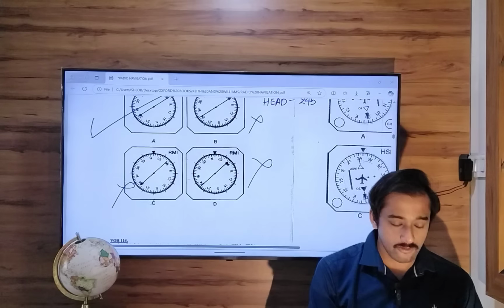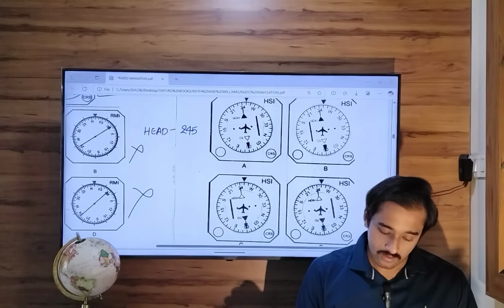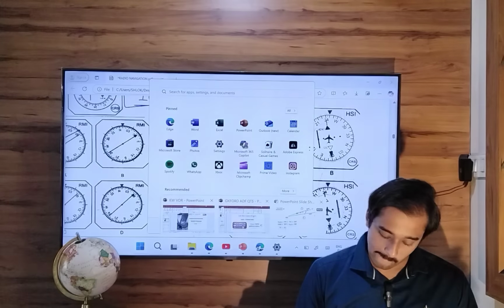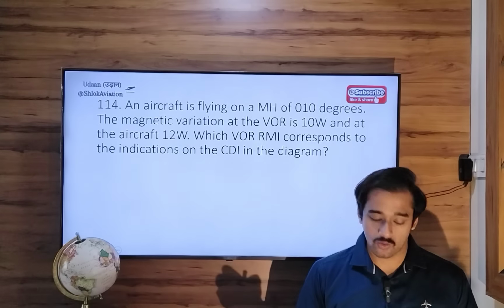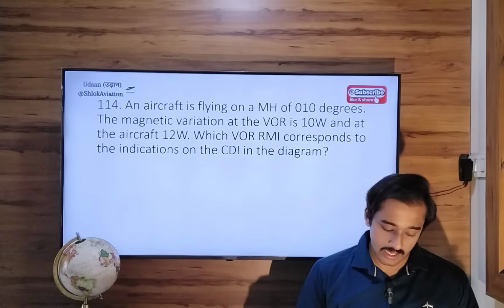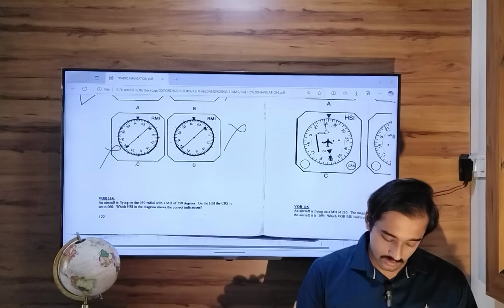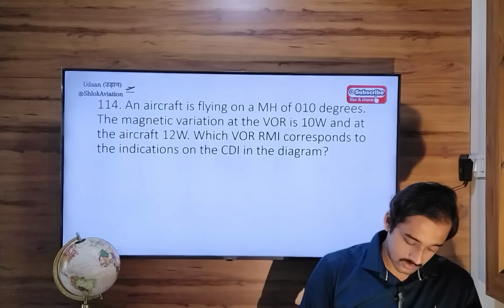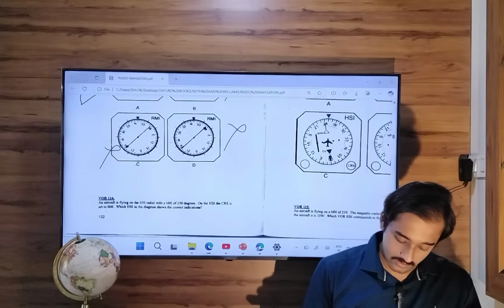Option A, figure A. Now let's go to question number 114. Aircraft is flying on a heading of 010. Which VOR RMI corresponds to the indications on the CDI in the diagram? So this is some printing error to check.